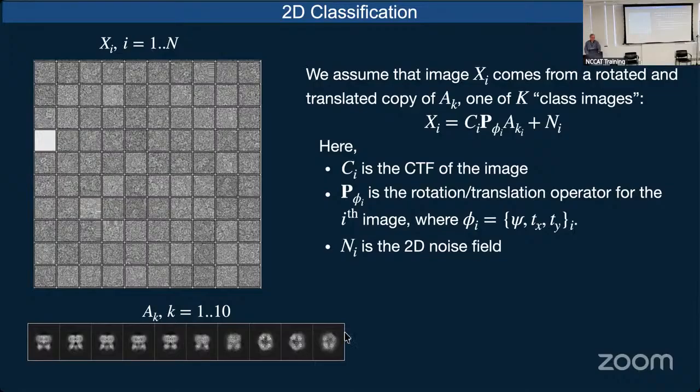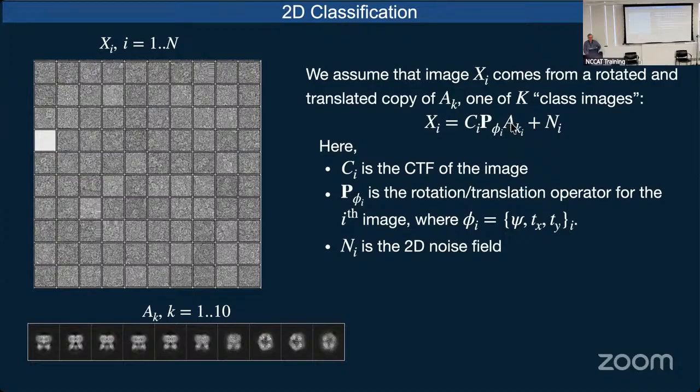The basic idea is, suppose I have a bunch of experimental images, and I know that these images are from a population of particles that are just oriented in different ways. I want to have the computer classify images that are similar in some fashion. So we say we have a reference structure, one of my class averages.